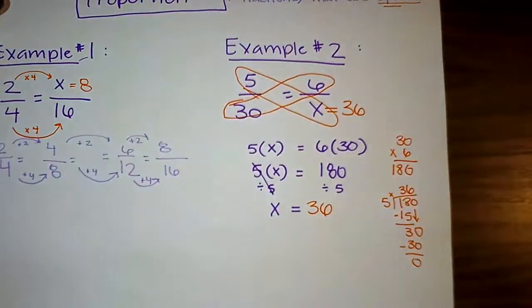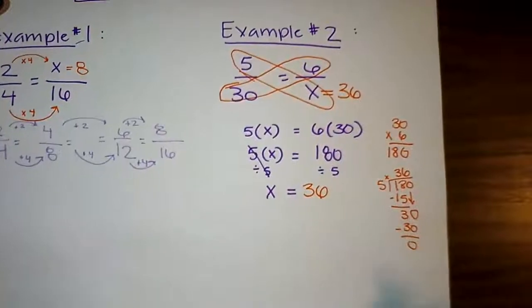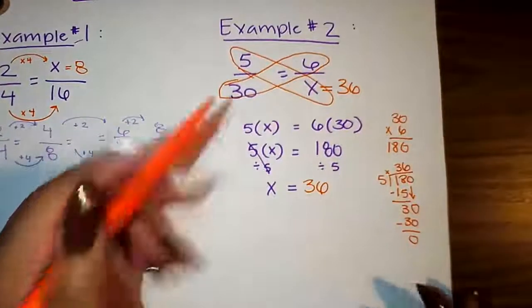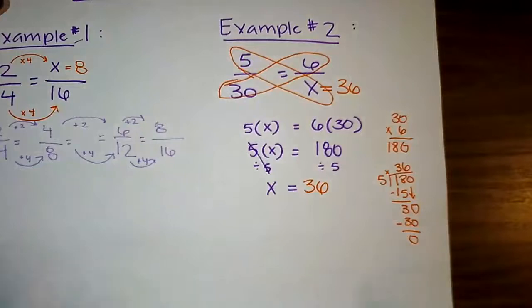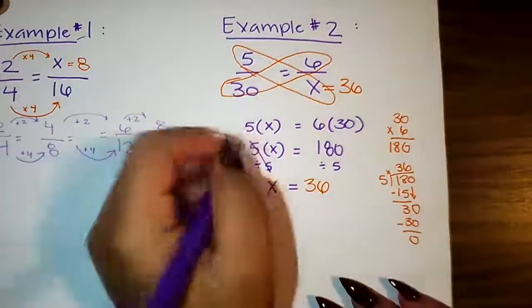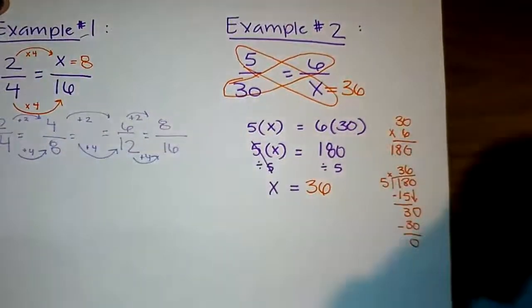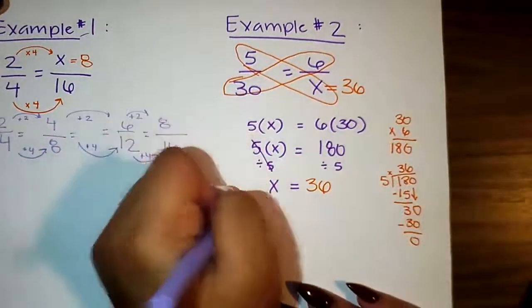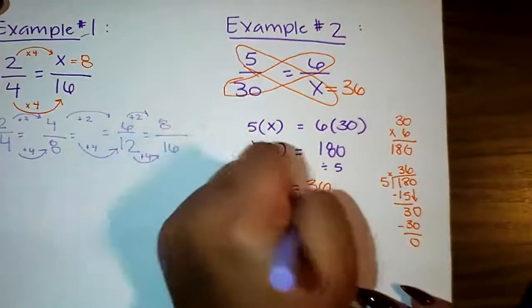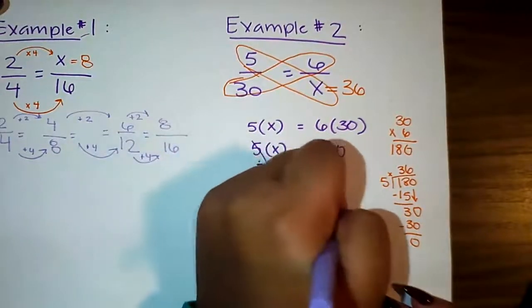So that means that in my proportion up here, x equals 36. And I can always check my work by simply cross multiplying. If they have the same cross product, then they're equivalent. So I'm going to plug back in my x, and I'm going to do 5 times 36. I want to know if that's equal to 6 times 30.